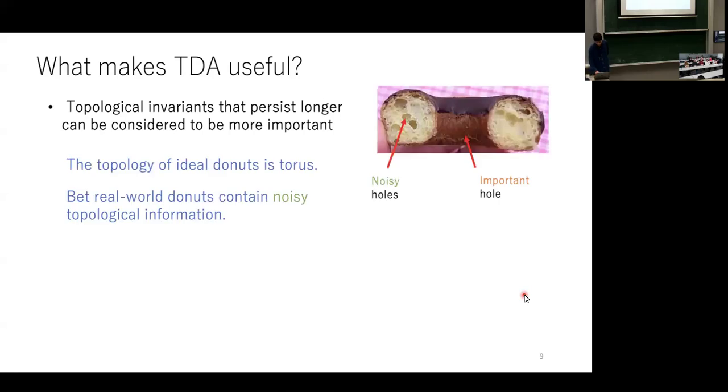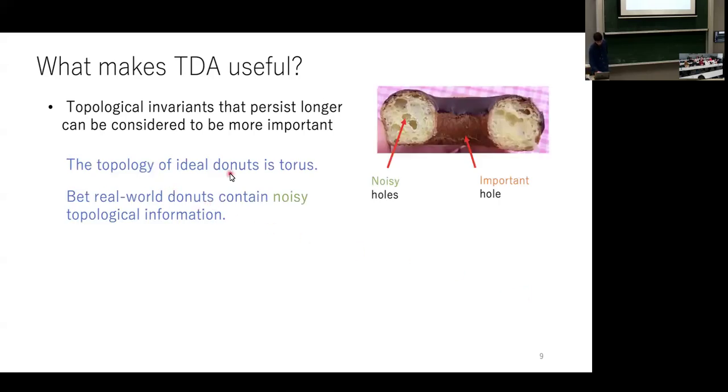Topological data analysis is popularly used because it has some good properties. One good property of TDA is the power of discriminating noisy holes and important holes. We can think that topological invariants that persist longer in the procedure of filtration may be more important than those that only exist for a very short time.